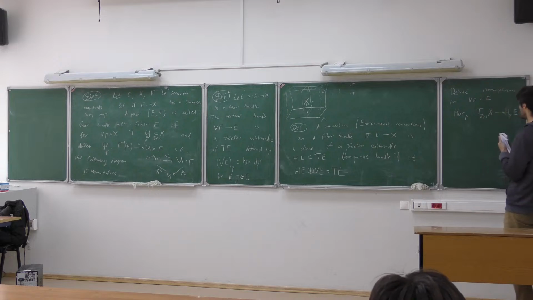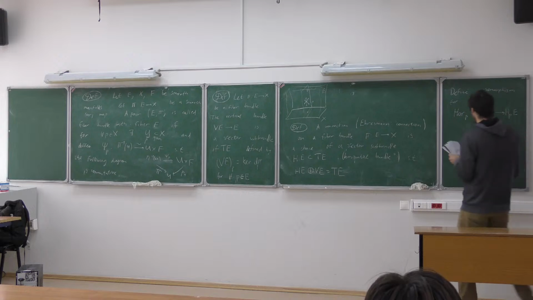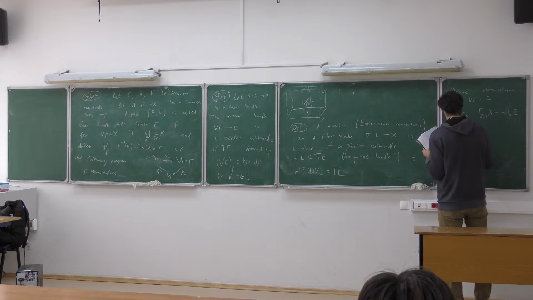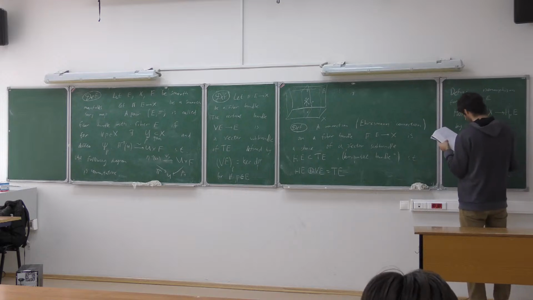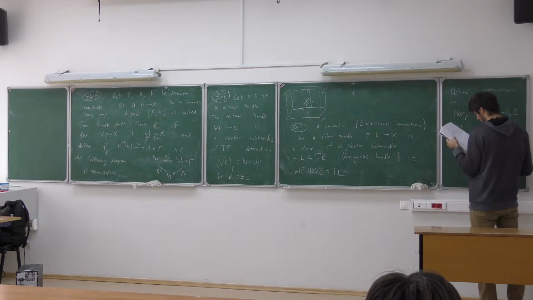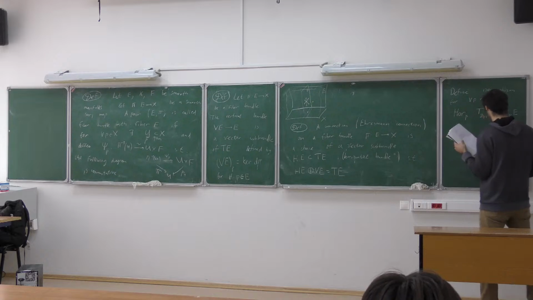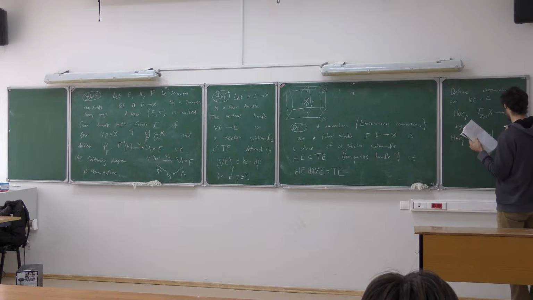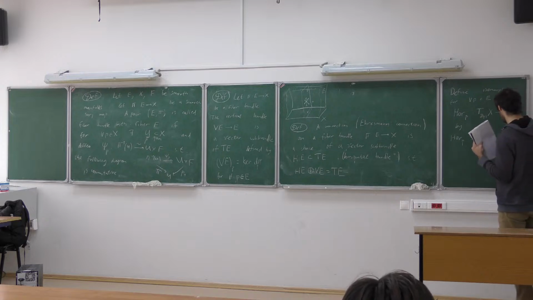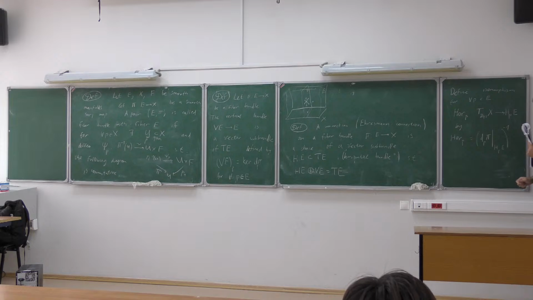And how do I define it? The horizontal lift is: I take d_p pi restricted to the horizontal direction, and then it becomes an isomorphism, so I can take the inverse.